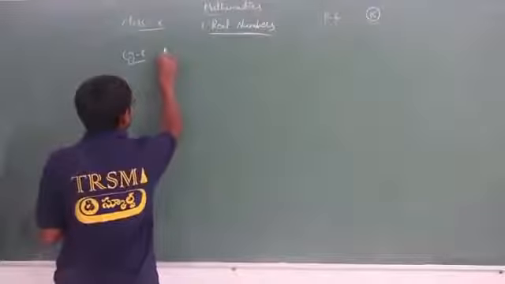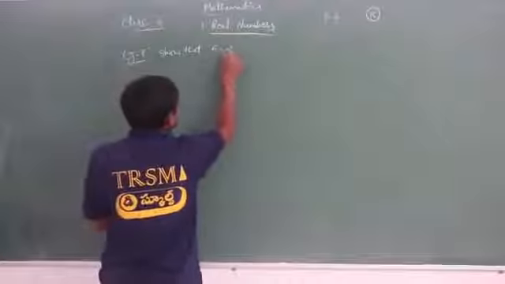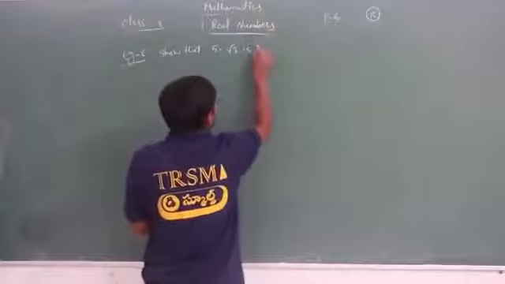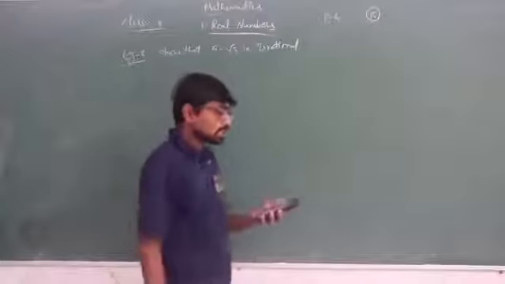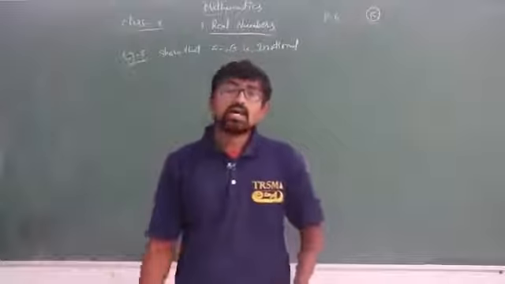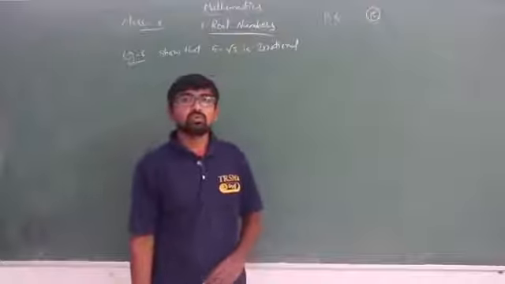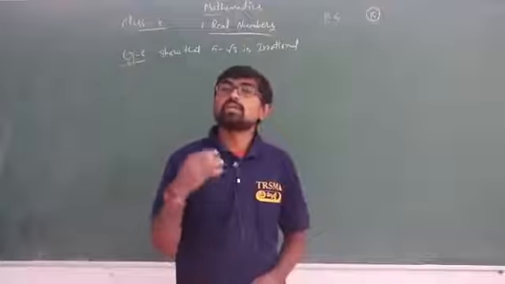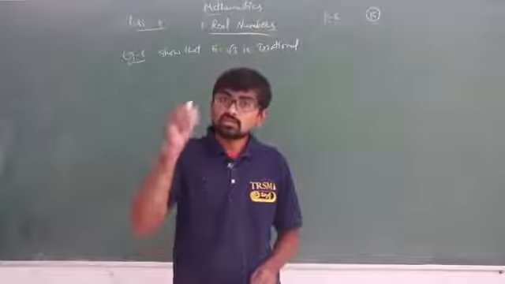Example number 8. Show that 5 minus root 3 is irrational. We know it is already irrational, but we need to show it. As I told you in your previous class, whenever we are discussing negative terms, first we have to assume them as positive.